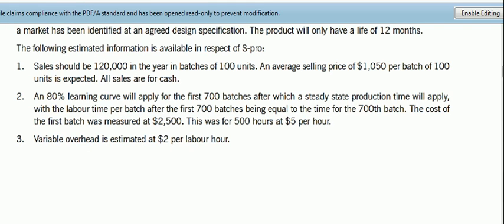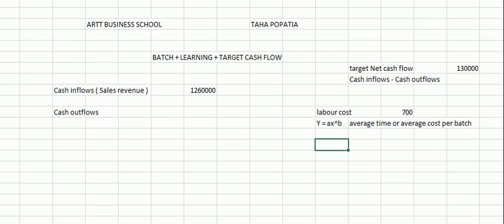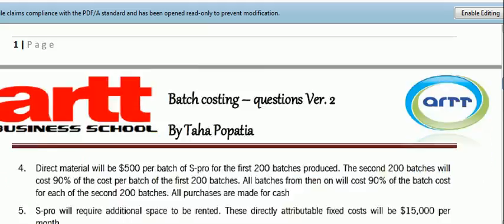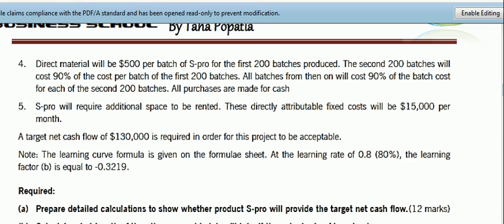As per point number 2, last line, we know that the cost of the first batch is 2,500. So we can use the cost approach in which we take a as the cost, multiplied by the number of batches, which is 700, our x, and the power of 700 should be the learning curve rate, b, which is log LR divided by log 2, and which is generally provided in the question. In our question, if you see the note line, it says that for an 80% learning rate, the b value is equal to negative 0.3219.